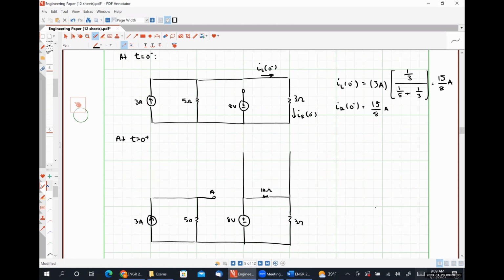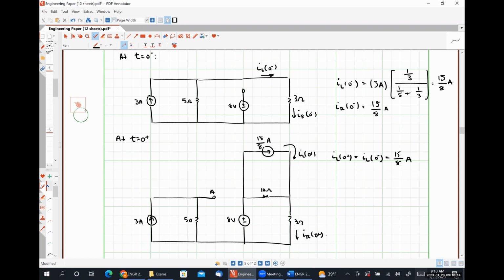We know that our inductor is carrying a current of 15/8 of an amp directed from left to right. So I'm going to represent my inductor at t is equal to 0 plus specifically with a 15/8 amp current source like so. Here is IL at 0 plus, which we do not need to solve for because IL at 0 plus has to be IL at 0 minus, because the current flowing through an inductor cannot change abruptly. And we are now trying to figure out what this current IR at 0 plus is.